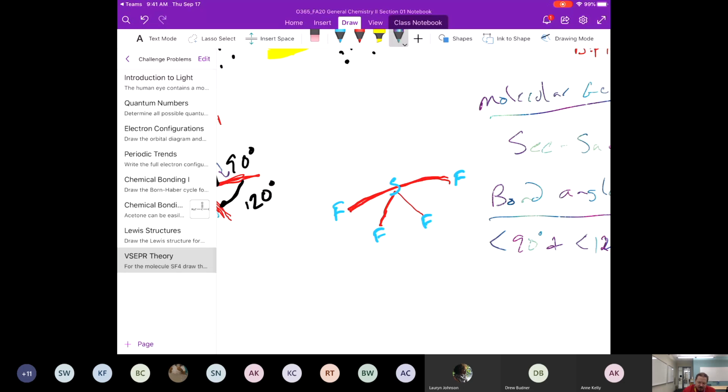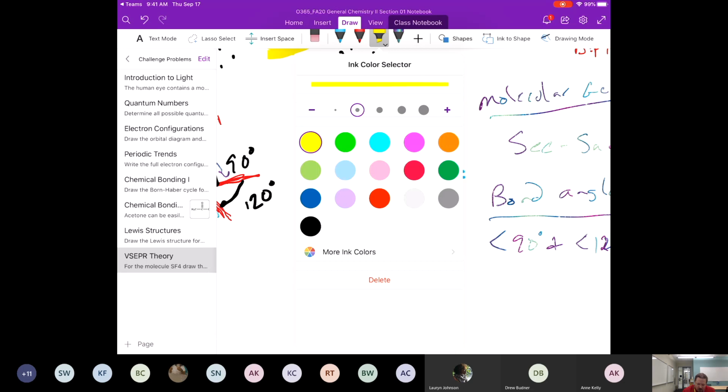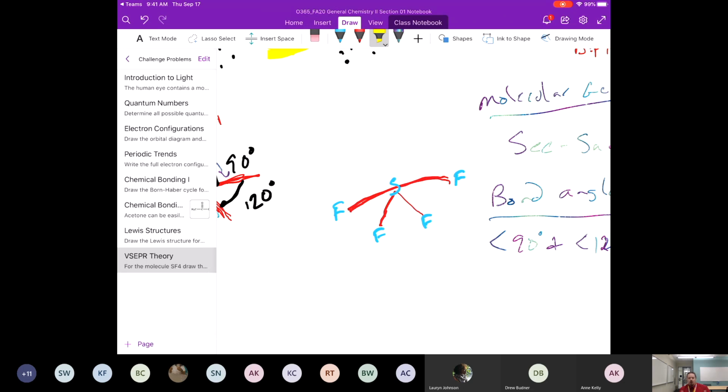So if we go back to this idea that the electrons are going to move towards the more electronegative, we can show that movement with arrows. We're going to see an arrow in that direction, an arrow in this direction, an arrow in that direction, and an arrow in this direction, which means that all of these arrows are going to sum up.